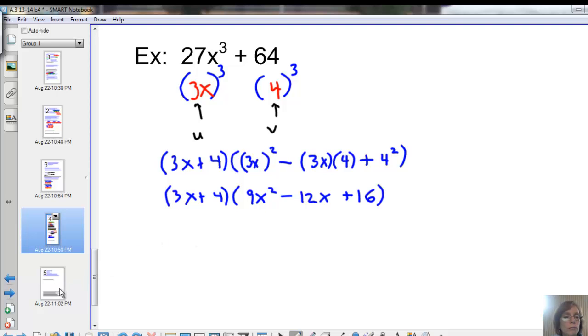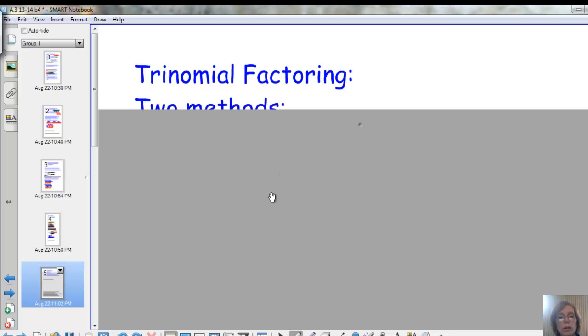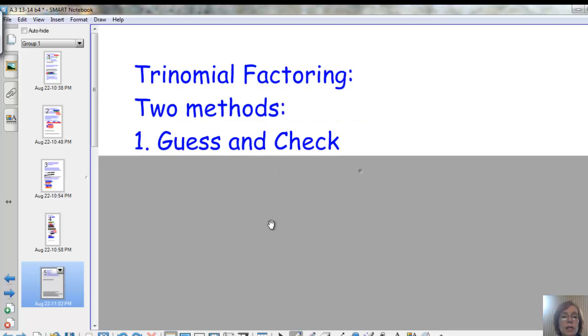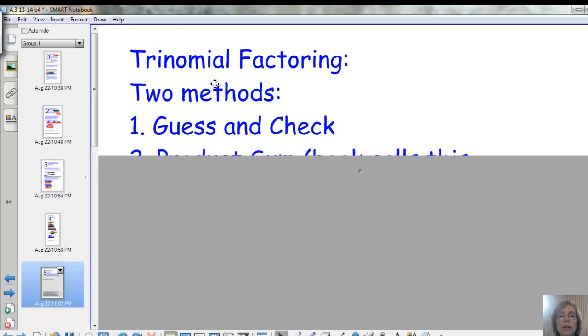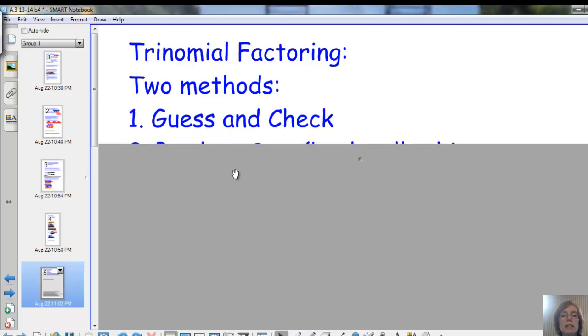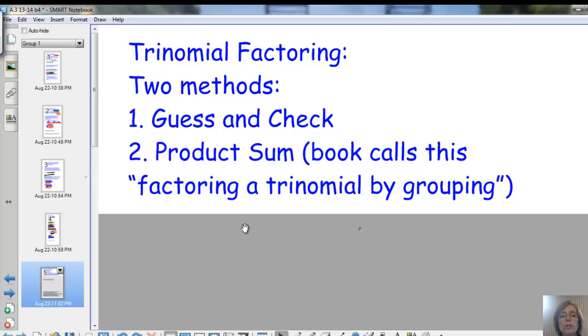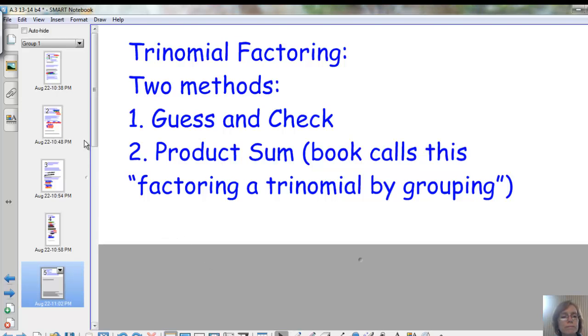Alright, so that brings us to trinomial factoring. And really, I would say there are two methods. The first method is guess and check, which maybe you learned in Algebra 1. And the second method is the product sum technique, which your book calls factoring a trinomial by grouping.